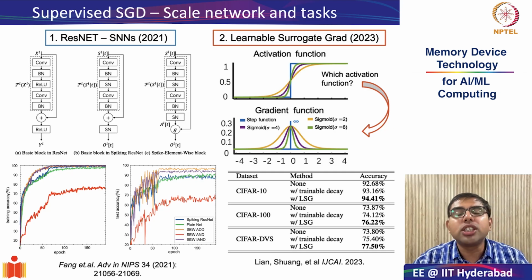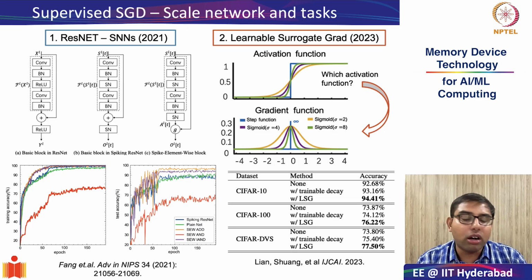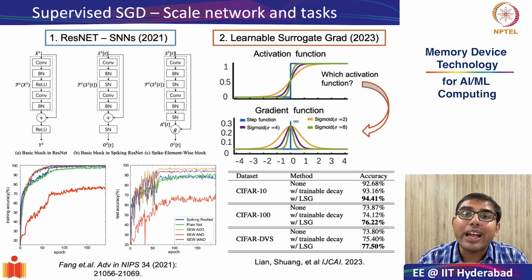So in today's class, we saw two very important ways of training the spiking neural network, that is by using unsupervised STDP-based learning and the supervised surrogate gradient descent technique. In the next class, we will cover this remaining topic of converting a trained deep neural network into a spiking neural network, and also look at some hardware implementations of spiking neural networks.